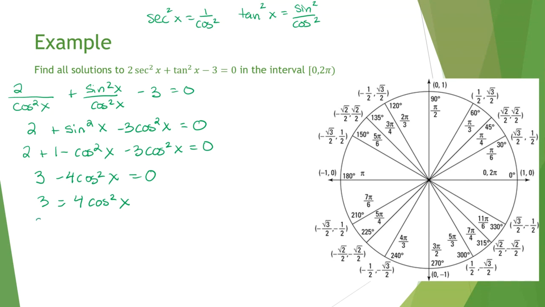Divide both sides by 4, we get 3/4 equals cosine squared x. Let's take the square root of both sides. Square root of 3 over 2, we'd get a plus or minus equals cosine x. Okay, that's something we can do. So let's take a look at our unit circle.